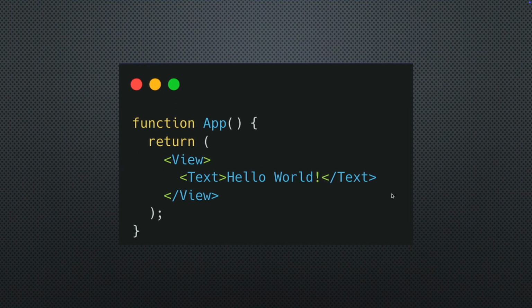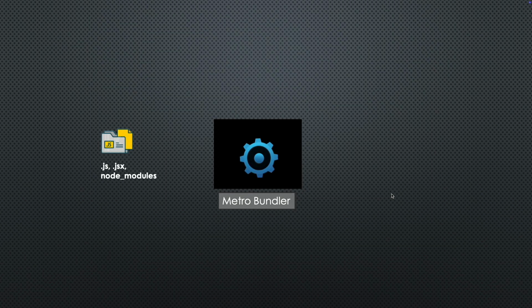Let's imagine you write a single code in React Native like this. It's just a simple function with a view and a text that says hello world. So what happens next? All your JavaScript code is bundled by Metro Bundler into a single file, basically to optimize performance. This is similar to the way Webpack works for web.